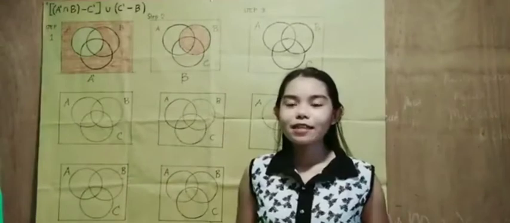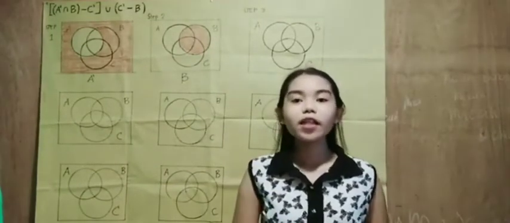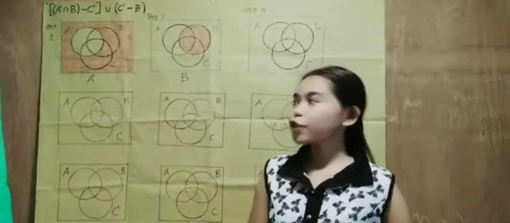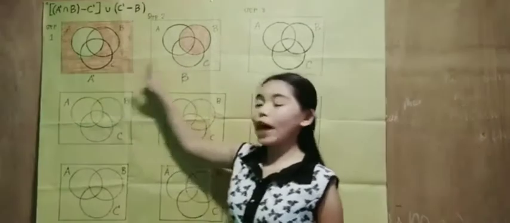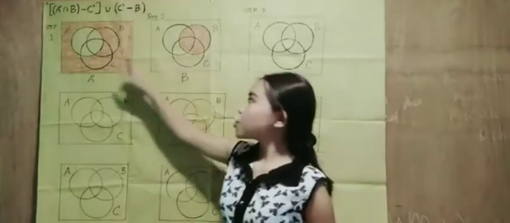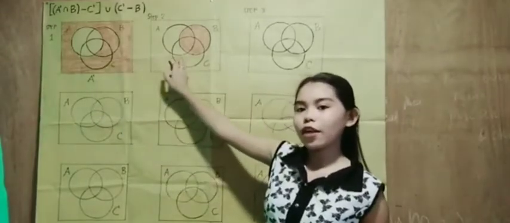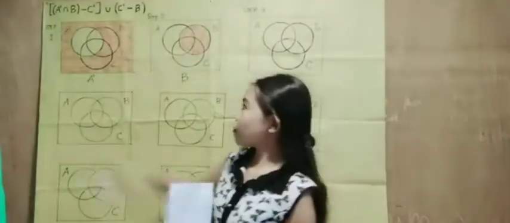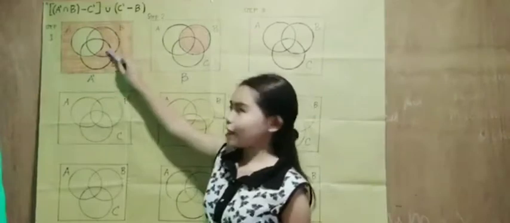So for the third step, we're going to find A prime intersect B. So to find it, we need to look at the first two Venn diagrams. So we need to find their similarities. So what are the similarities that we can see in the first two Venn diagrams? So this area, the moon-shaped area here, is their similarities.